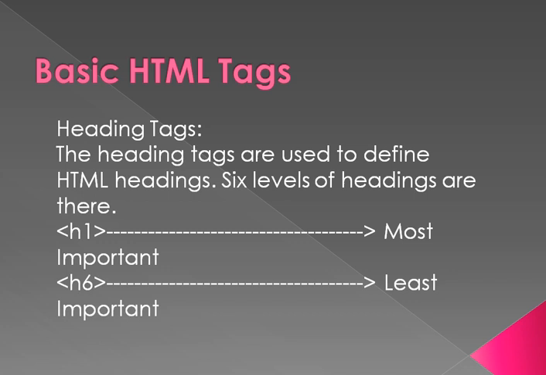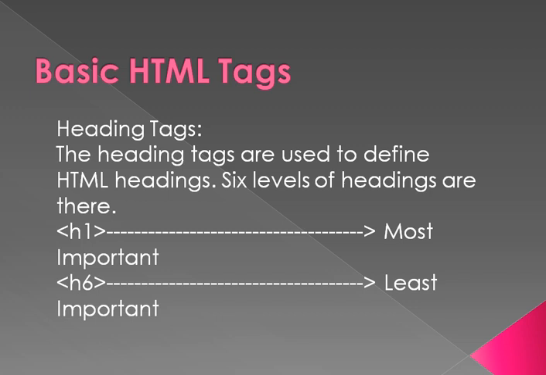What is meant by a heading? We hear this word in textbooks, and in whatever we write in our notebooks, we keep the description under a heading. In the same way, if you want to make your content appear as a heading, then in HTML we will use 6 levels of tags.